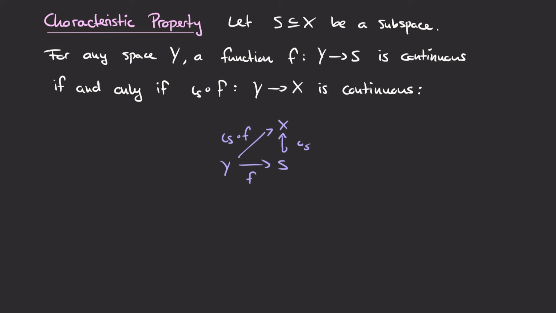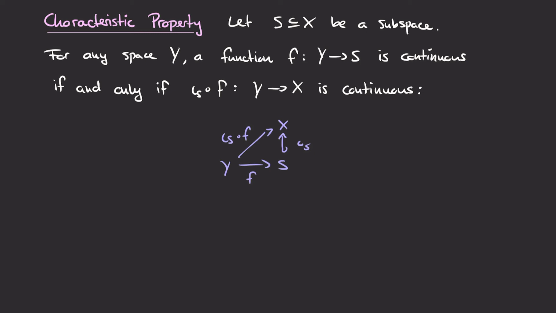For this, we're going to consider some subspace S of a topological space X with the subspace topology. Now, the claim is that such a subspace S has the following property, namely that for any other space Y and function f from Y to S, this function f is continuous precisely when its composition with the inclusion of S into X is continuous.